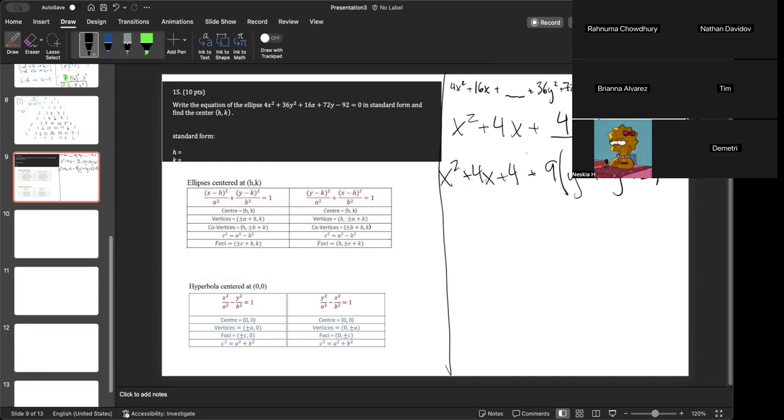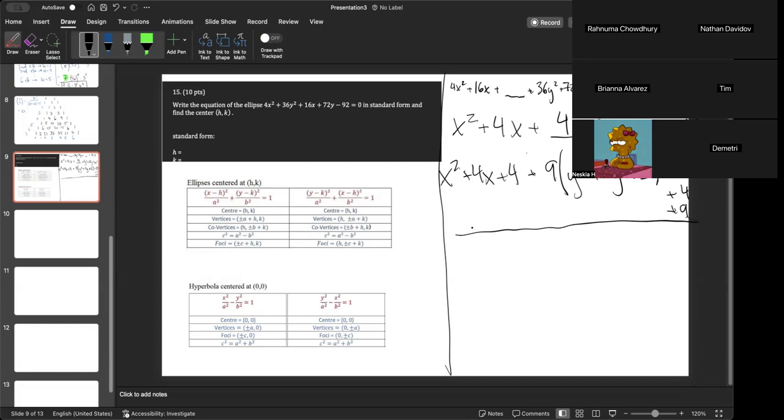So what happened? First of all, I added 4. Whatever I do on one side of the equation, I have to do on the other. So I added 4 here, so I'm going to add 4 here on the other side. Then it looks like I added 1, right? But really I added 9 because when you distribute this 9 back out, it's as though you added 9. So I'm going to add 9 here. And then what happens?